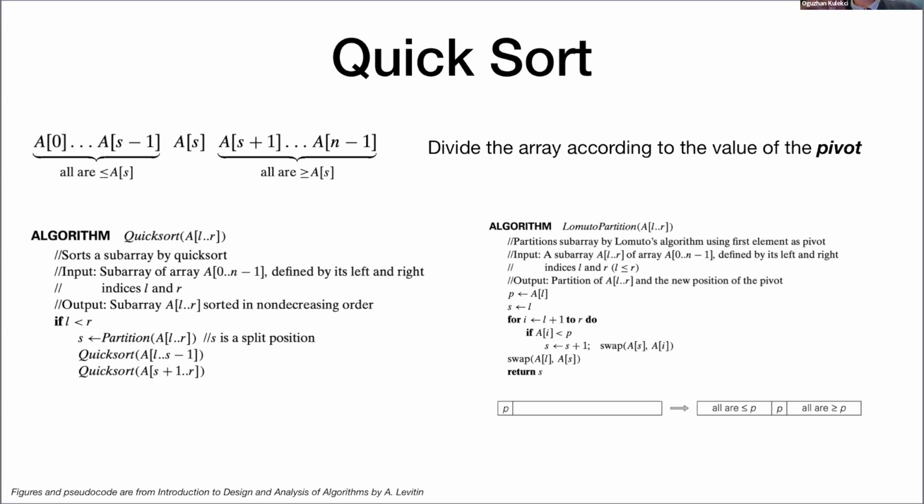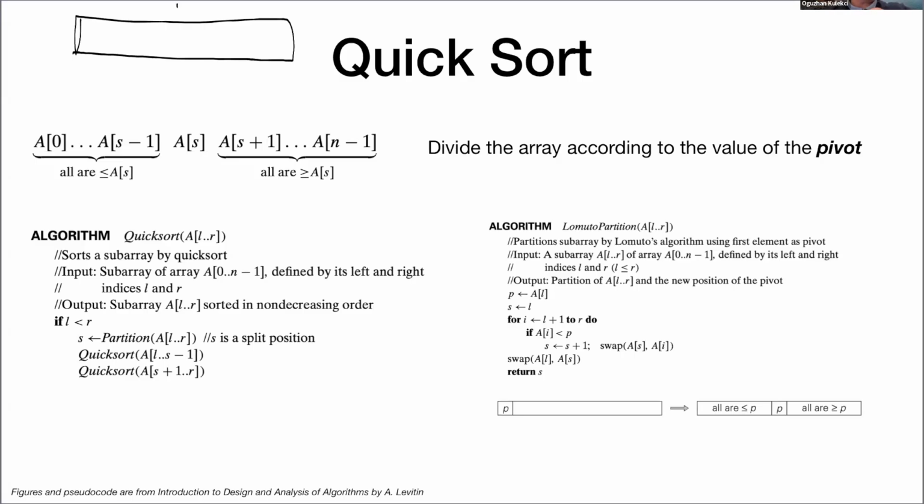Okay, so the difference between quick sort and merge sort is that with merge sort, whenever you are given an array, you split it into two according to the position of the elements.